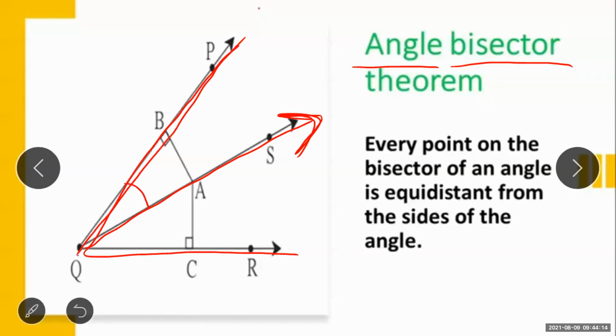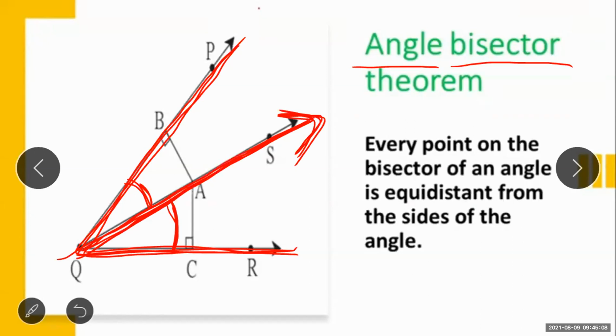Angle PQR, and the ray divides it into two congruent angles.